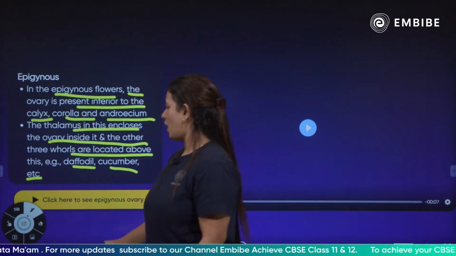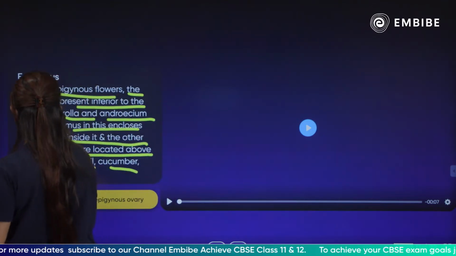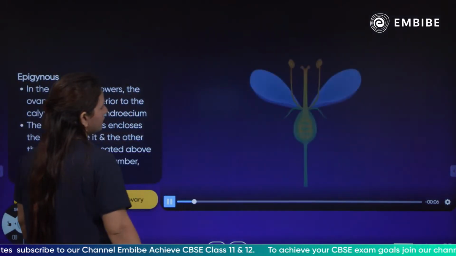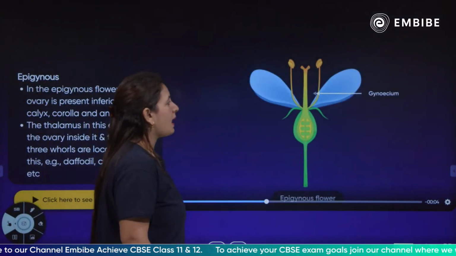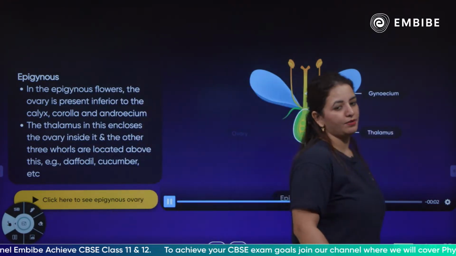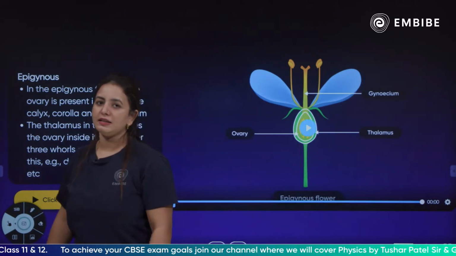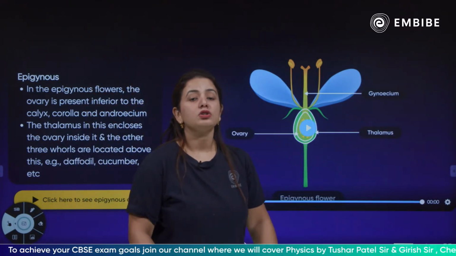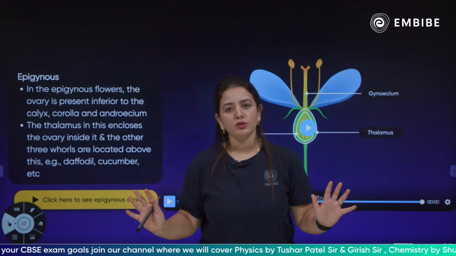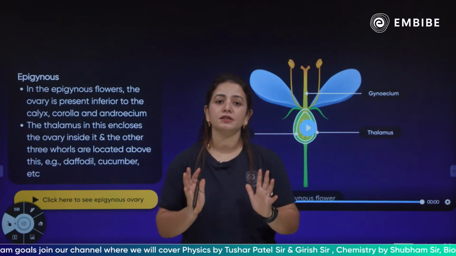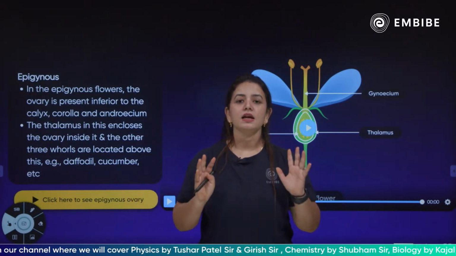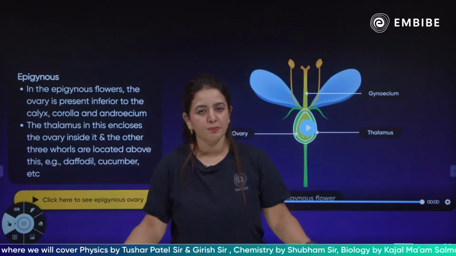Let us see how the perigynous ovary looks in a flower. All the parts of the plant are at the same level, and all the whorls too. So the whole session was about the flower, especially its symmetry. Next, it was about the ovary position.